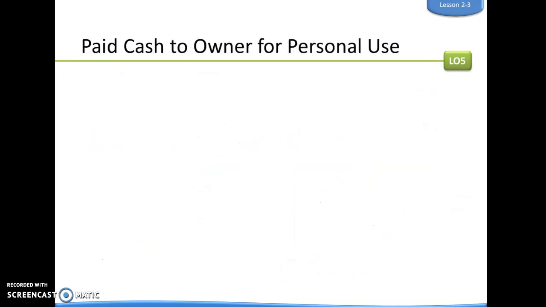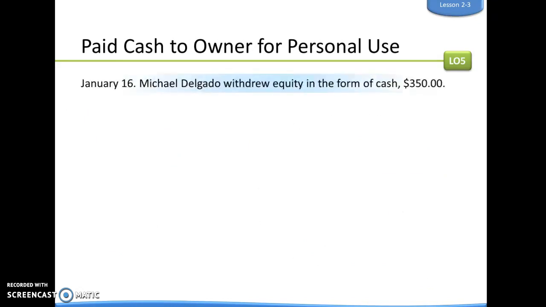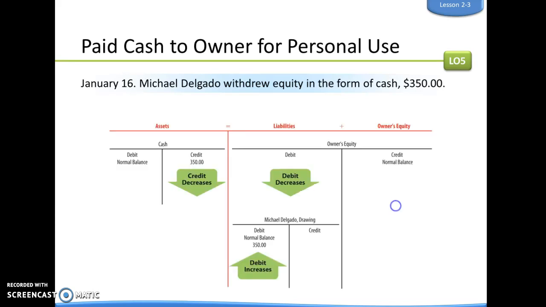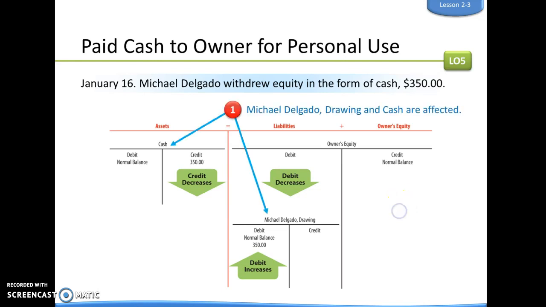Paid cash to owner for personal use. January 16th, Michael Delgado withdrew equity in the form of cash, $350. Okay, so withdrawals are kind of treated the same way expenses are. They want their own account, so everything can be shown in that one account, drawing account.